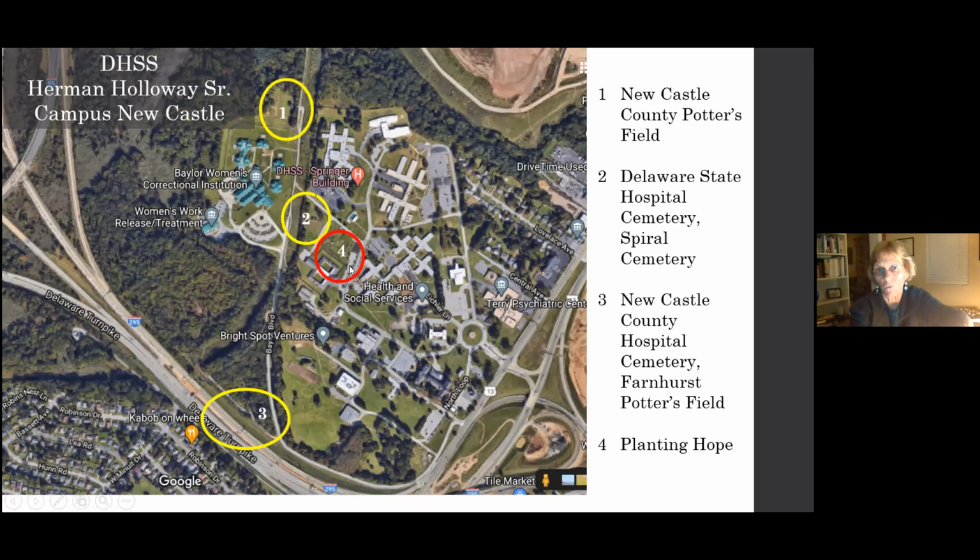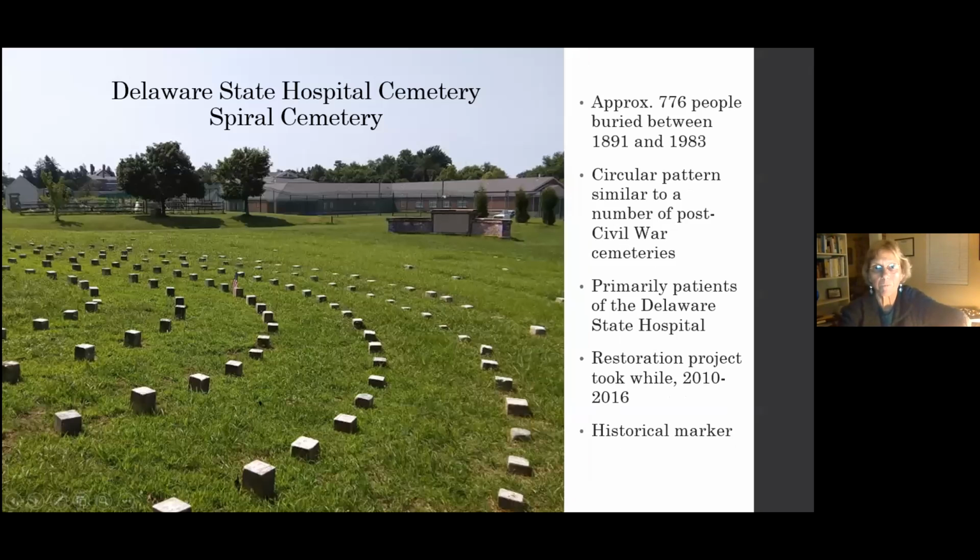And then what I have number 4 here is Planting Hope. We'll talk about Planting Hope in just a second, but I want you to notice that Planting Hope is just adjacent to the Delaware Hospital Cemetery.